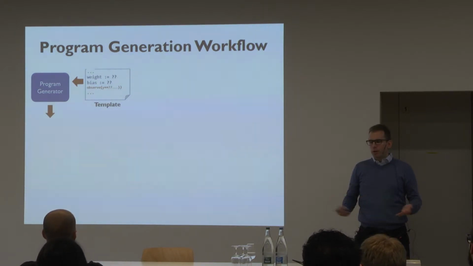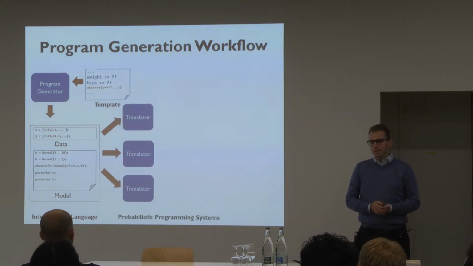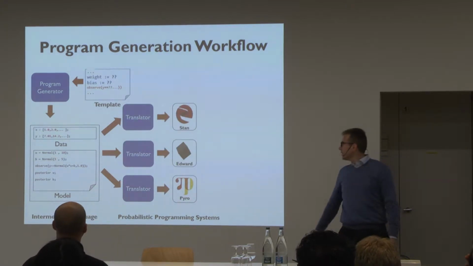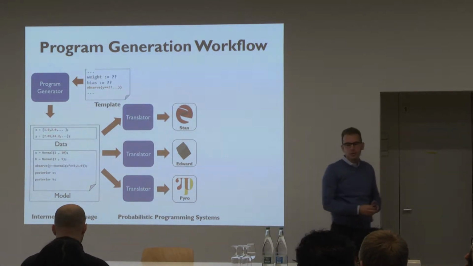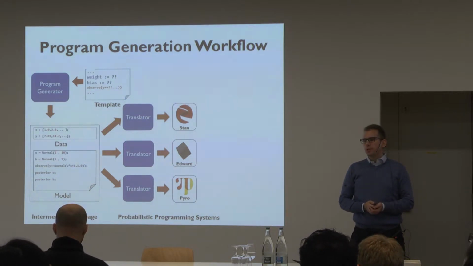So we have a program generator component, then we get programs. Now it turns out there are various probabilistic programming languages, and they have different syntax. So it's easy, just have multiple translators. These are three popular systems, Stan, Edward, and Pyro, each of which has its own syntax. All right, so we have a program for each one of them.